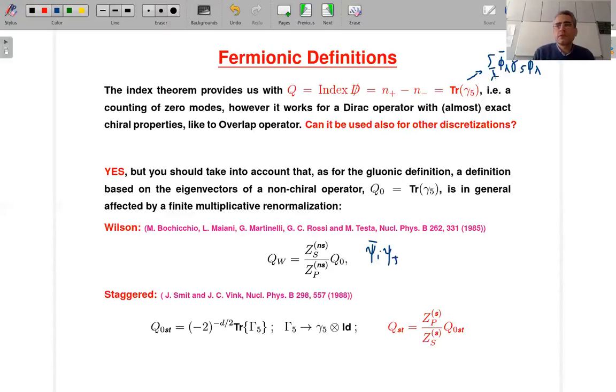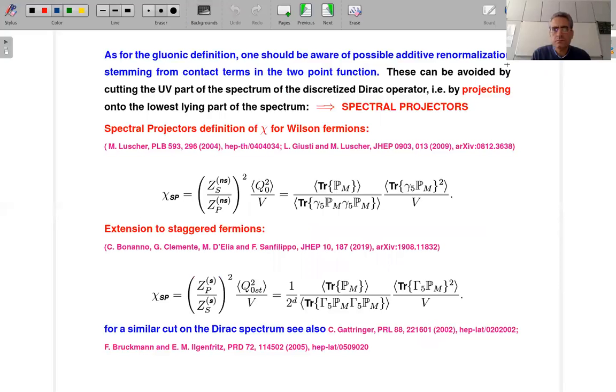Now, when you write down the trace of gamma 5 on the lattice, you can write it also as a sum over the eigenvectors of the discretized Dirac operator. And now the idea is that you don't have to sum over all the eigenvectors. I mean, the additive renormalization comes from fluctuations at the ultraviolet scale.